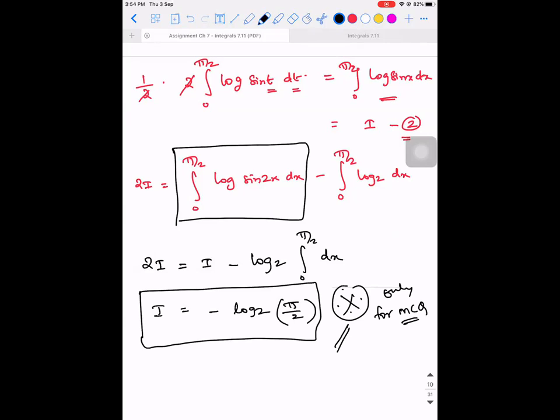But if the same thing is asked in the subjective part, let's say a 4-mark question, you have to do all these steps. Use this as a formula only in the case of MCQ. For subjective, you have to show the complete solution.